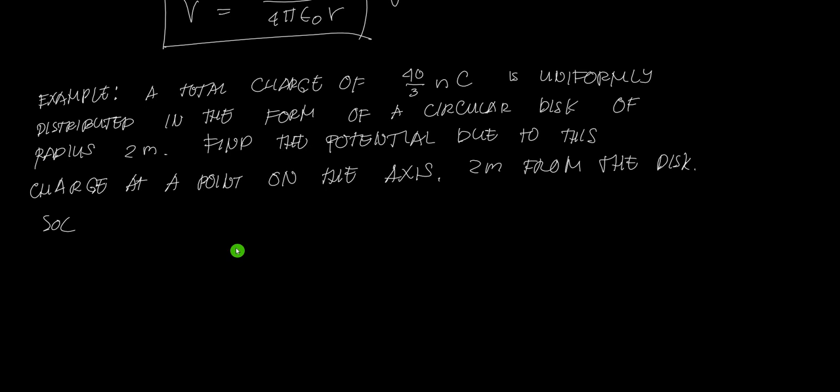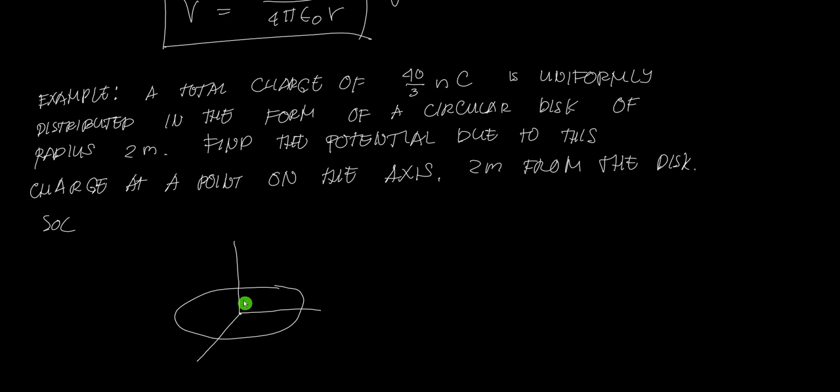So to illustrate that, if this is the xy plane, we can make the disk somewhere here at the xy plane. If that is the disk with the radius of 2 meters, then we want to determine the potential due to this charge at a point on the axis 2 meters from the disk.